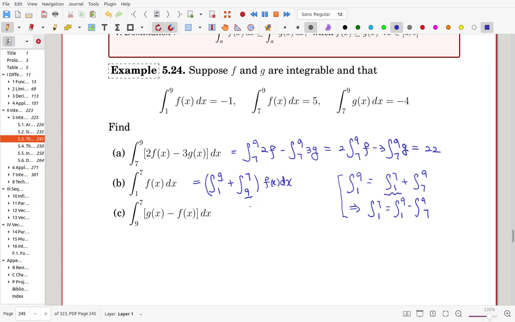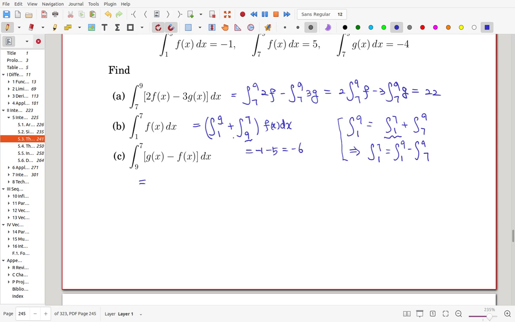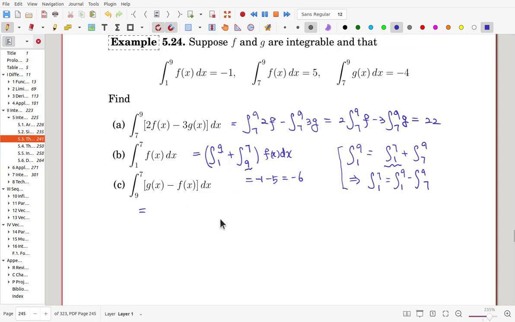Okay, so here for 1 to 9 of f, the data is given, there is minus 1. Now, 7 to 9 of f is 5, because it's opposite, it's minus 5. So it's minus 6. Now, for part C, there's no 7 to 9 ordering, but by using the order property, it can be written as the negation of the integral from 7 to 9 of g minus f.